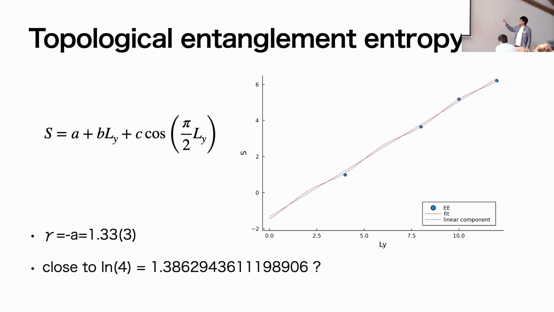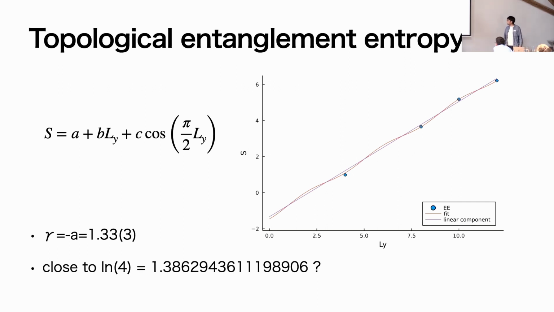Otherwise we can put it for Ly equals 4, 8, 10, 12, and we do the fitting by this function, because we see some small oscillation, a kind of even-order effect. With this even-order extrapolation, we obtain the value of topological entanglement entropy, which is 1.33 plus minus 0.03. So this value is very close to log of 4.